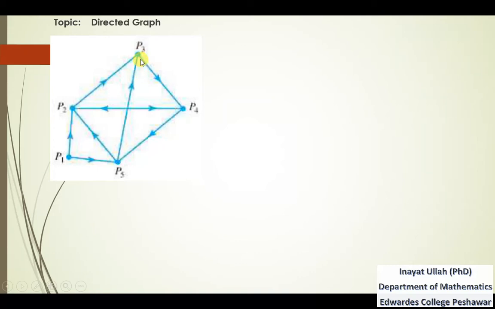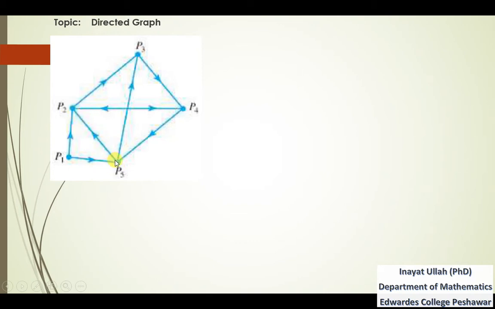Similarly, p1 is directed to p2, so this directed edge is from p1 to p2, not from p2 to p1. Similarly, this edge is from p1 to p5.